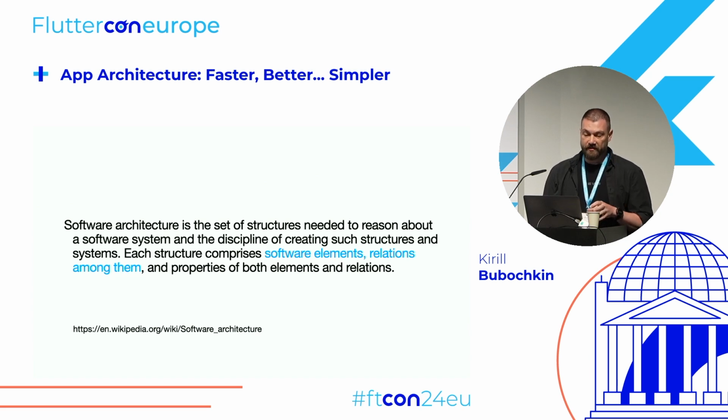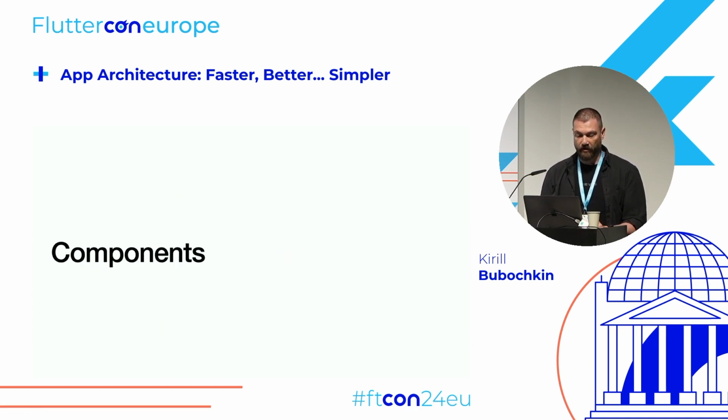Many tutorials talk about components and their properties, but relations are often described only from the layers point of view and miss a very important part of relations between components. Let's start with components as well, but later we will focus on relations.